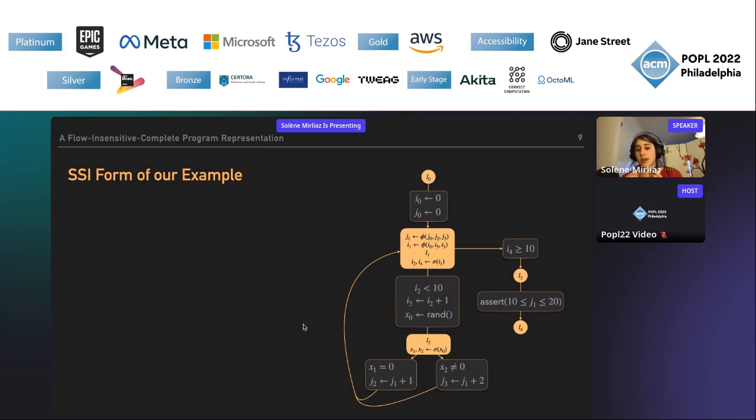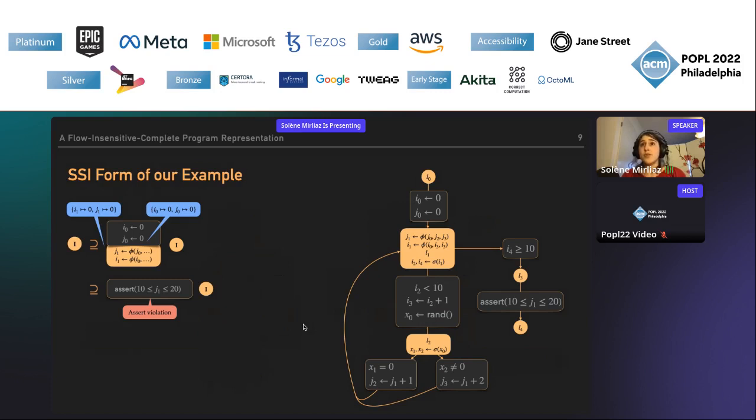But now if I do a flow-insensitive analysis on this program, I still need my invariant to be sound when I apply the initial block with the phi function. And so I will have a state where J0 is equal to 0 and J1 is equal to 0 in my global invariant. But I also need to be stable by the assertion where I use J1.